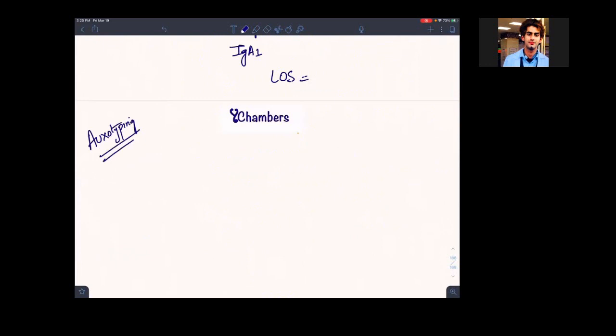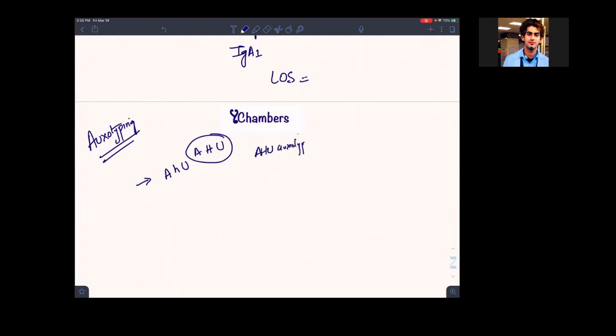Auxotyping means when you are classifying the different strains on the basis of nutritional requirements, the food they are using. If one strain is using arginine, hypoxanthine, uracil for its growth, I will say it is an AHU auxotype.